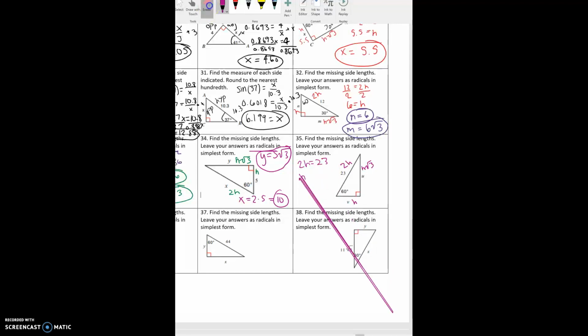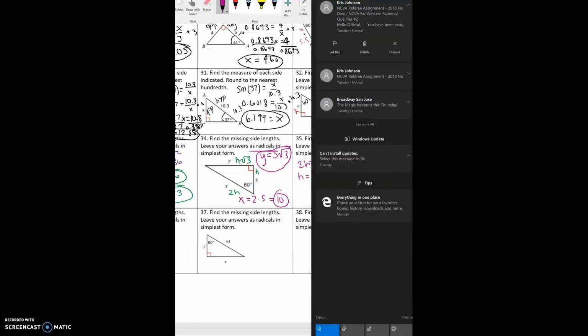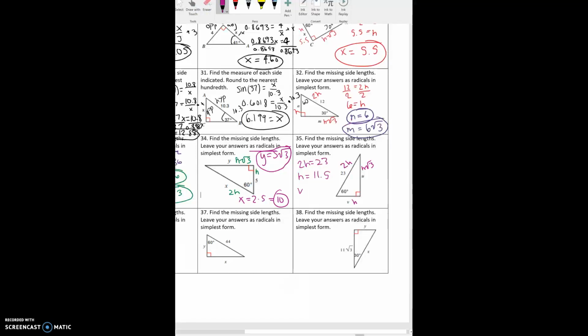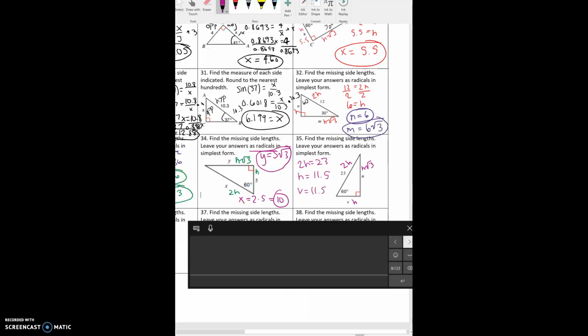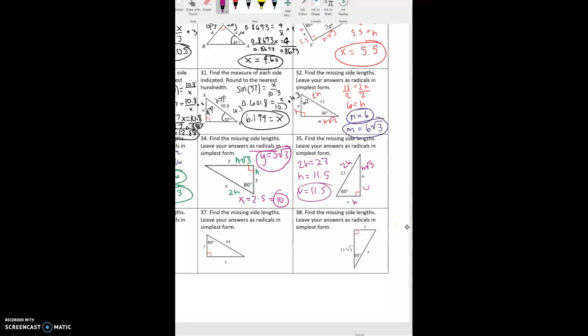So h equals 11.5. Which means V equals 11.5. And U equals 11.5 times the square root of 3.